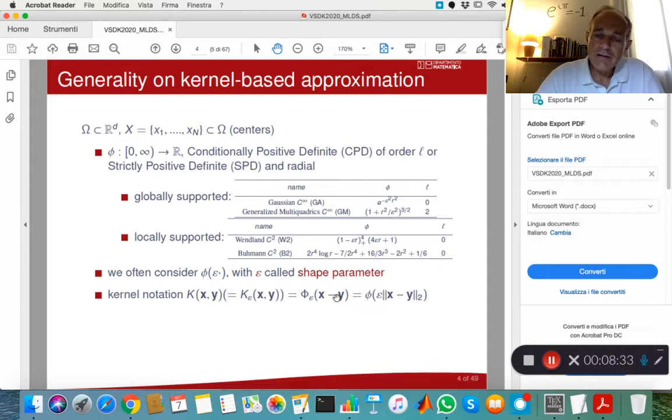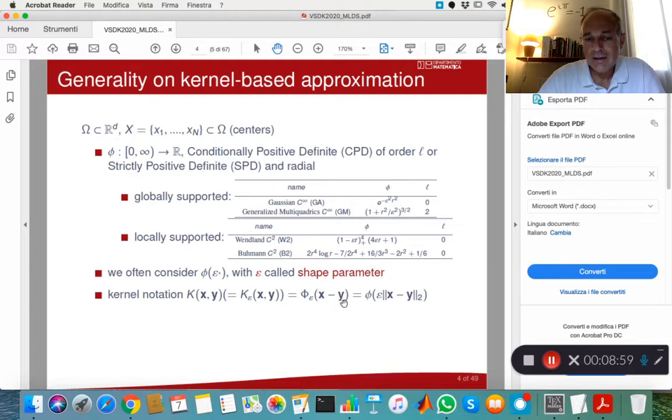Then we can write, as you see, the function in the following way using the so-called scaling invariance of the kernel. So we can pass from a function phi defined in 0 to infinity, to a multivariate notation with this big Phi that depends on the shape parameter.